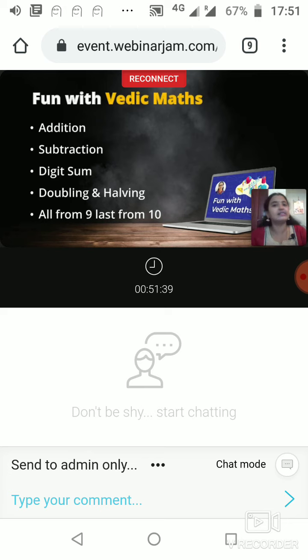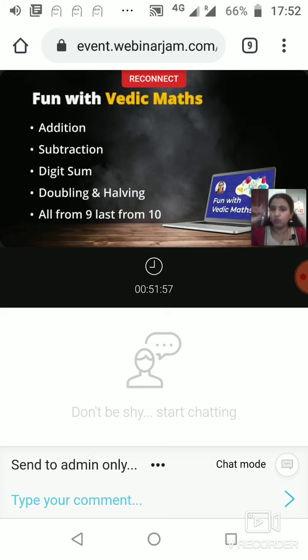So: addition techniques, subtraction techniques, digit sum as a concept fully, doubling and halving, and how doubling and halving can be used for easy multiplications and additions, certain types of divisions, and then all from 9, last from 10.